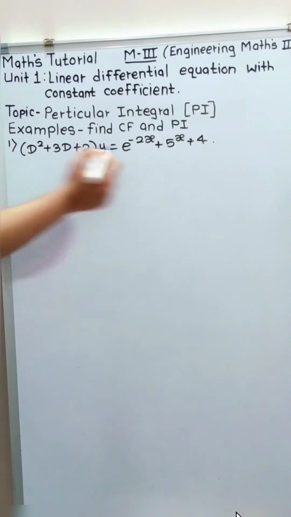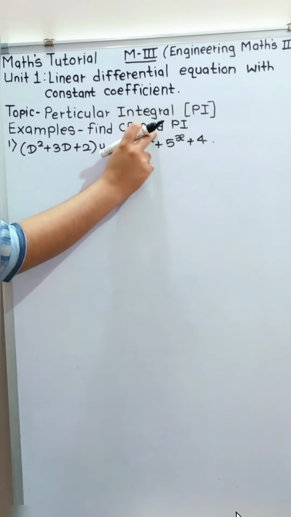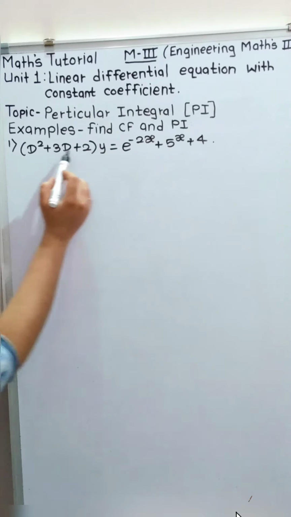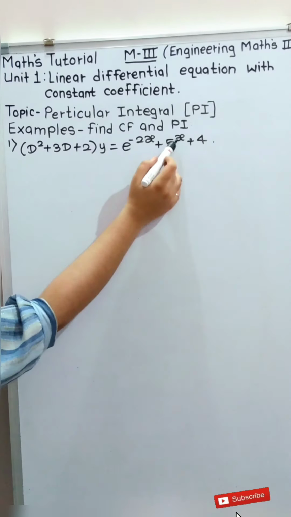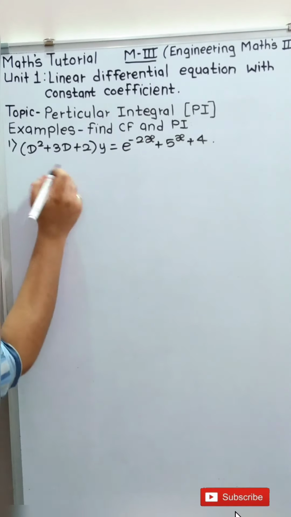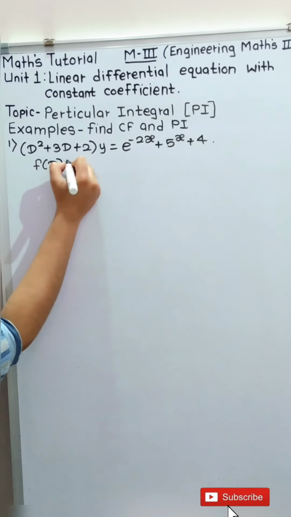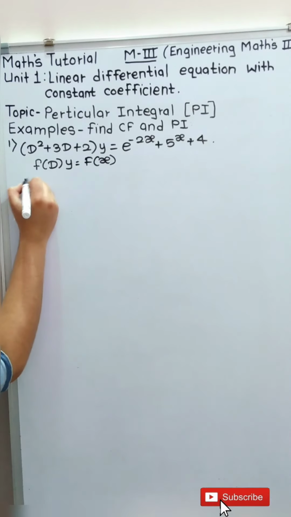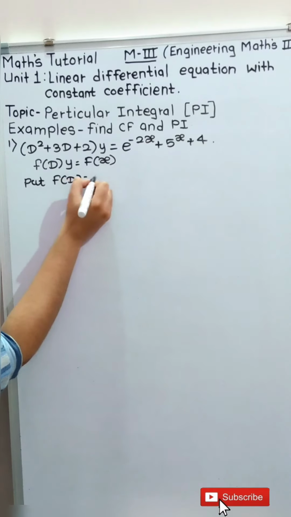Let us start with our first example. Find CF and PI, that is, complementary function and particular integral. First example: (D square plus 3D plus 2) y is equal to e raised to minus 2x plus 5 raised to x plus 4. For finding the complementary function, the simplified form is f of D into y is equal to f of x, so put f of D equal to 0.